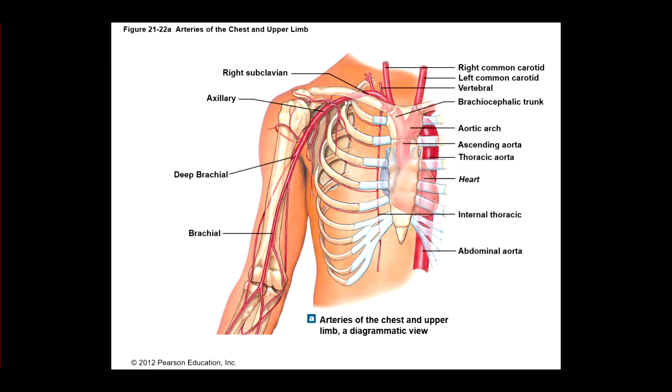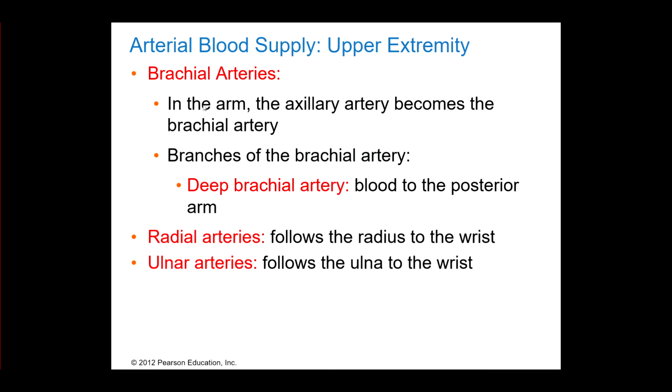And once we get into this armpit area right here, all of this is going to be the axillary artery. And once we get down here in the arm, right along the medial aspect of the humerus, this is going to be called the brachial artery. Remember, brachial means arm. So in the arm, the axillary artery becomes the brachial artery.